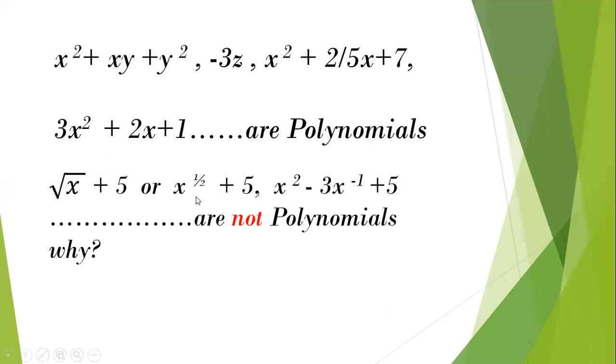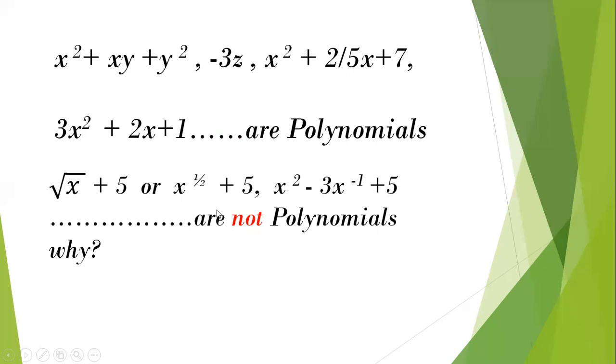This becomes 1 by 2 and it is the power of x. So that is why root x becomes x power 1 by 2 plus 5. And here, this is x square minus 3 x power minus 1 plus 5. These are not polynomials. Why? So once again, check this. This is a polynomial. Why are these polynomials? It has 3 terms. That is why it is a trinomial. So every such term you write is considered a polynomial.